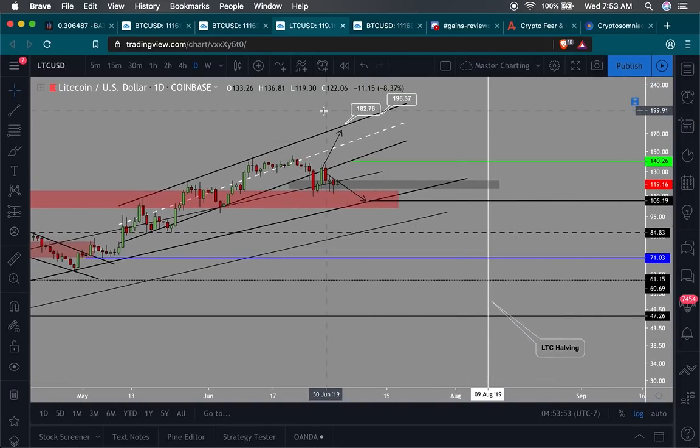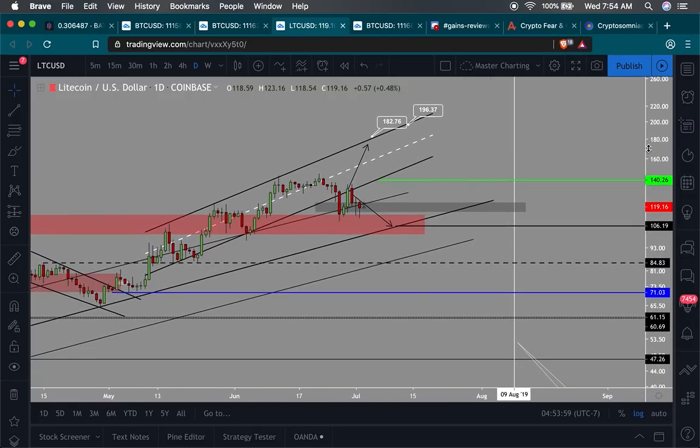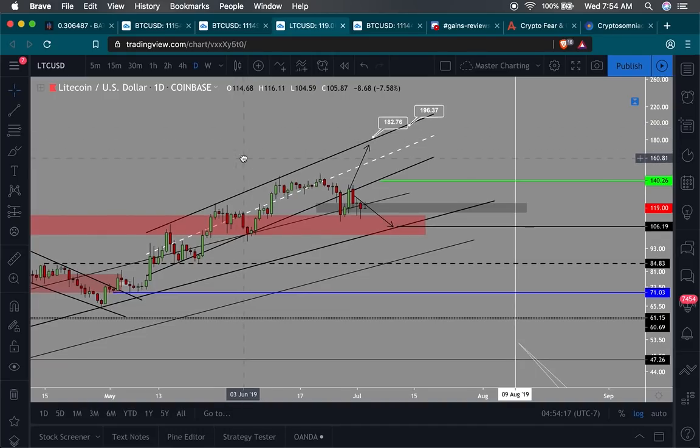Try not to buy too close to the halving, and also keep an eye on BTC and see what it's doing. So we went over a lot of different things: Tweezer bottoms, the 21 and 31 EMA, the falling wedge, the different weekly resistance and support levels, and the pivots and resistance levels on different time frames. You have a lot of information to keep in mind, folks.